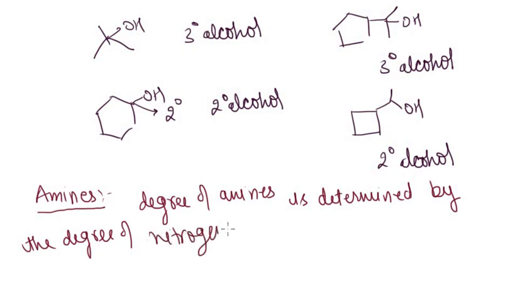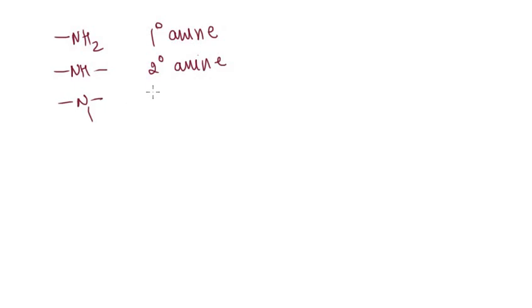Means how many alkyl groups are directly connected with nitrogen? So if it is NH2, it is a 1 degree amine. If it is NH, it will be a 2 degree amine. If it is N with three alkyl groups, it is a 3 degree amine.